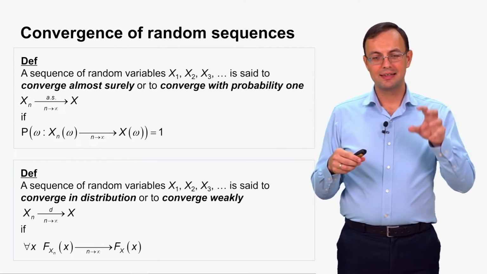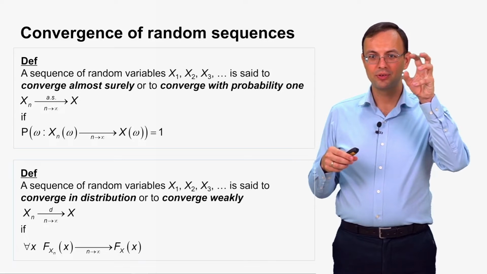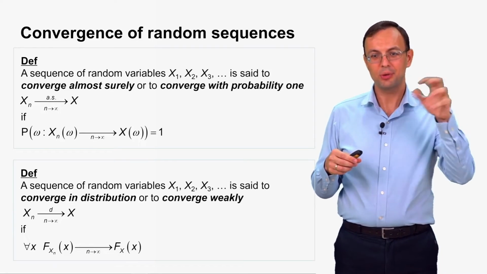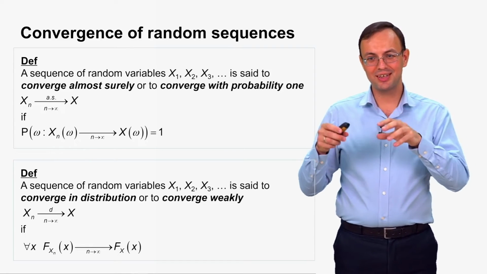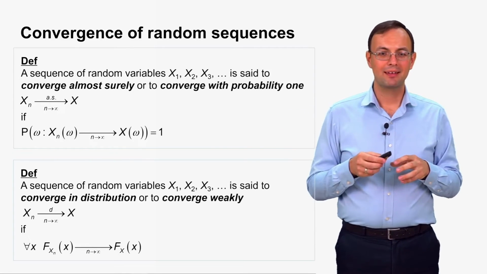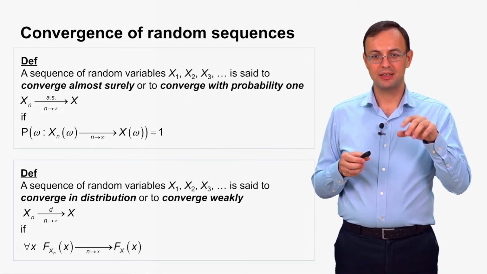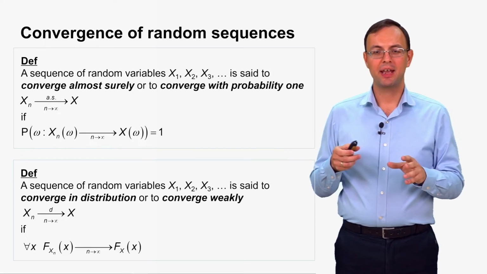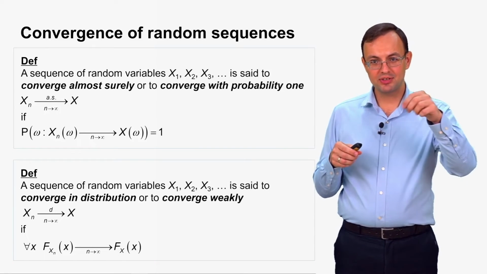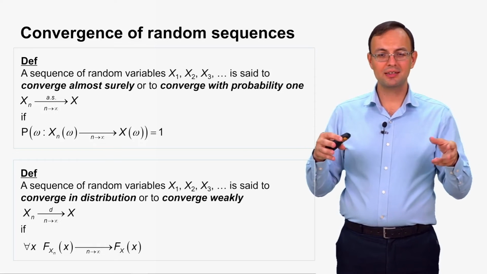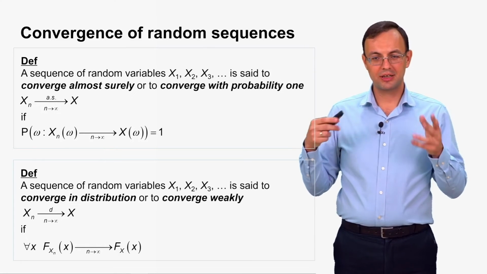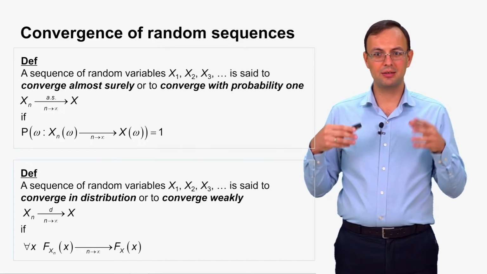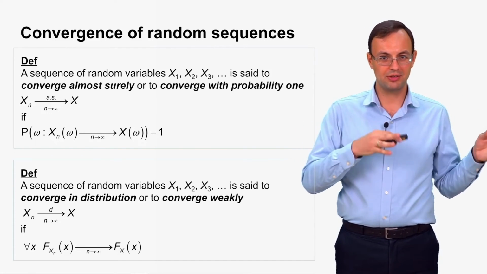This has to be true for every x. After we substitute a small x, we also get an ordinary non-random numerical sequence, which converges according to the standard definition from calculus.